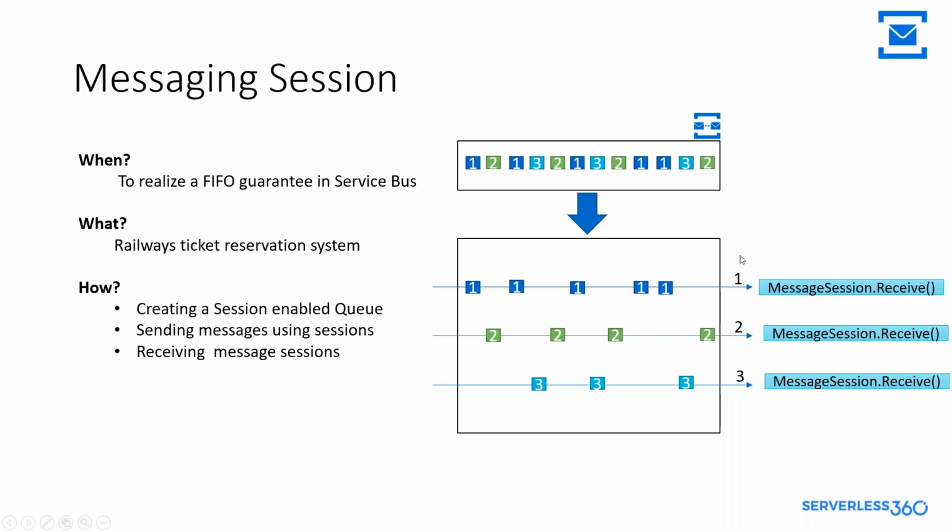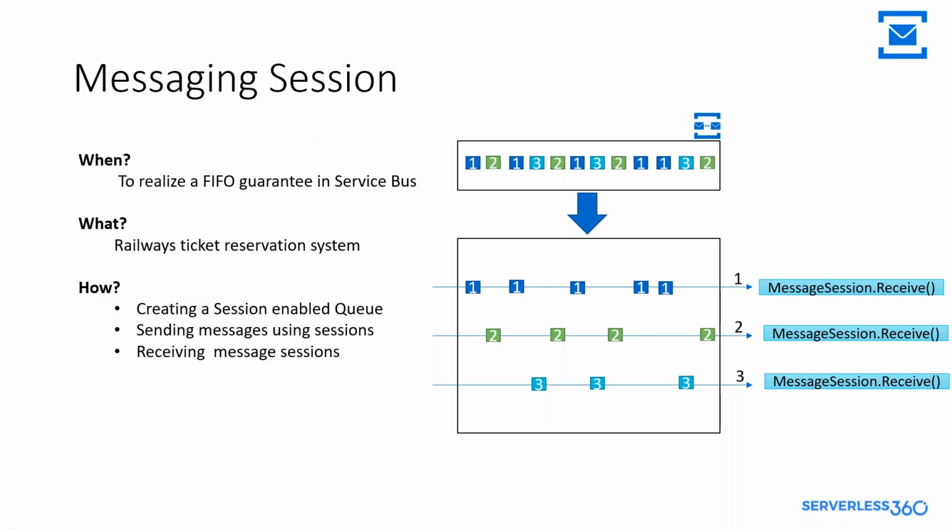I want to ensure that my specific class request gets into a specific session and they are handled strictly in first in, first out order. I can achieve this with ease by enabling sessions on my Service Bus entities.